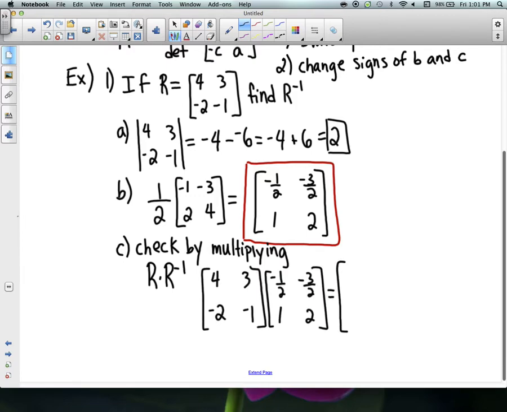So if we're doing this by hand, 4 times negative 1/2 is negative 2, plus 3 times 1, that's going to come out to 1. Next, we're doing 4 times negative 3 over 2. That's going to give us negative 6, and then plus 6, which will give you 0.